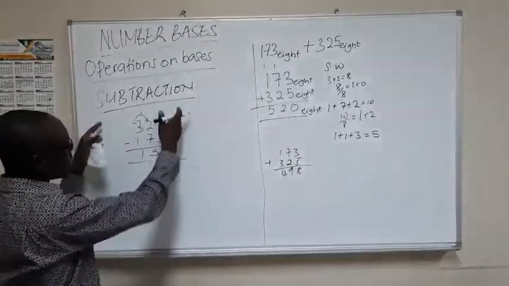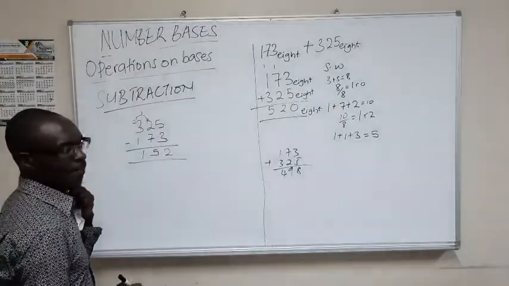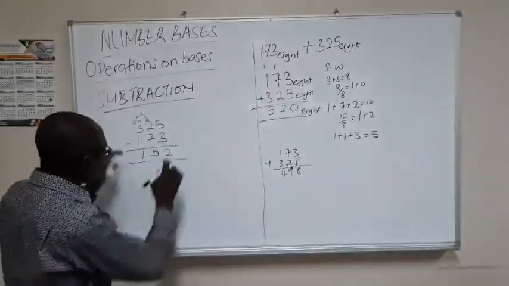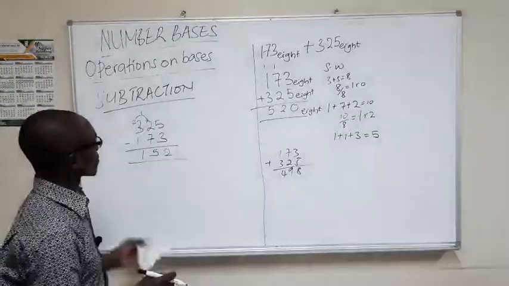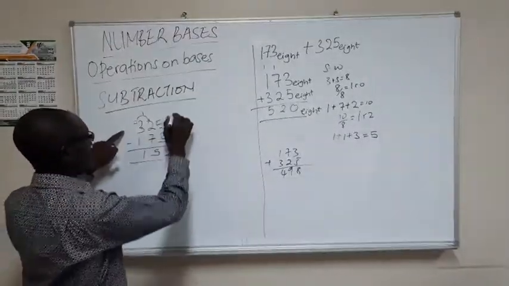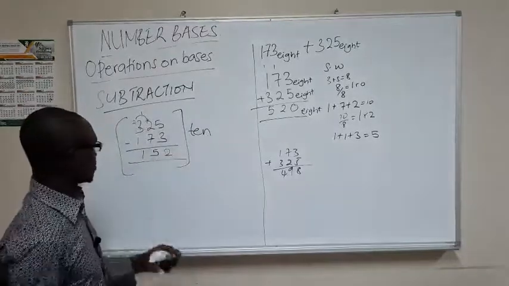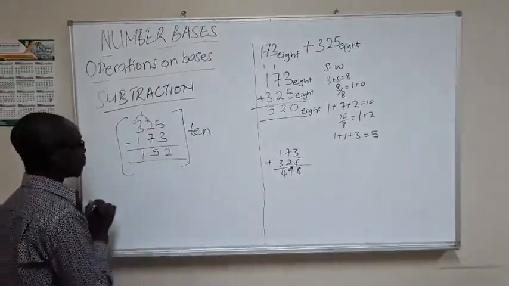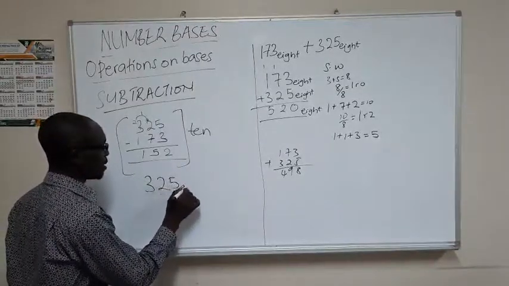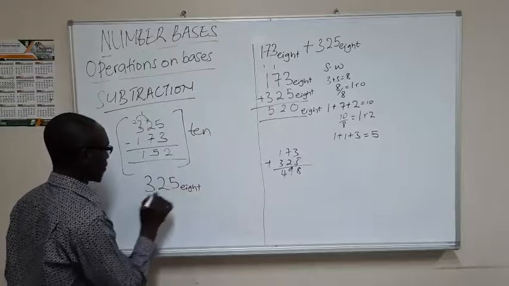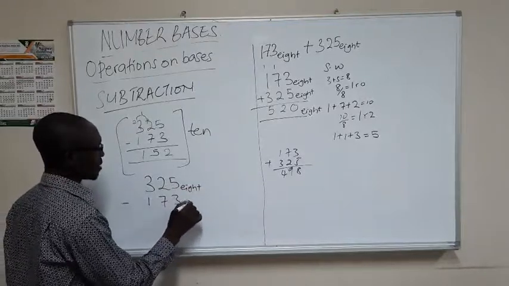We are going to use the very idea in other bases. For example, if this very question was in base 8. Base 10 is quite easy because we've been so much exposed to it. But now they want us to find 325 base 8 minus 173 base 8.